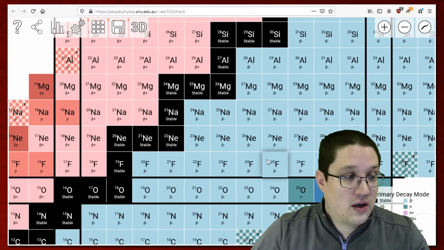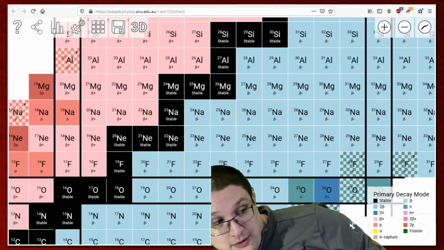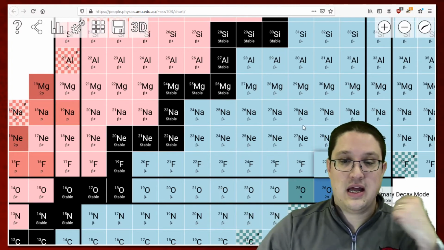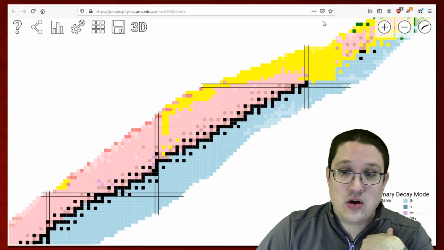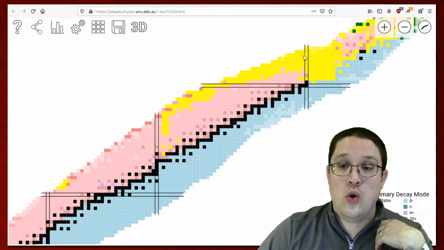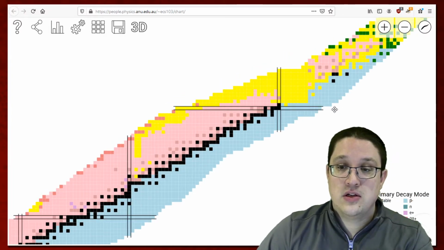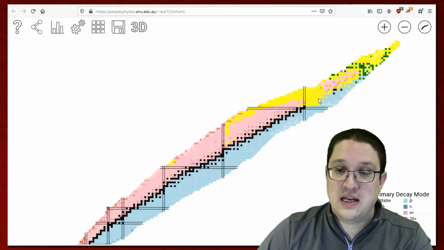Now, if I look down here in the bottom corner, I'm actually hiding it here. There's actually a key for this. And if I look, I can see anything here in yellow tends to undergo alpha decay. So I have this chunk here at the top of my chart that undergoes alpha decay.